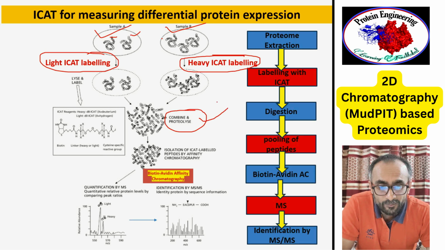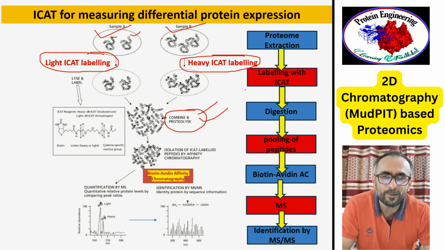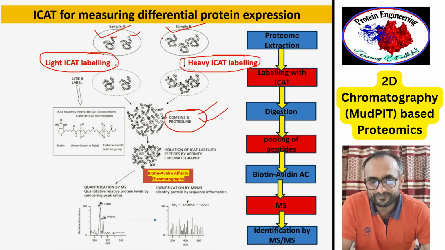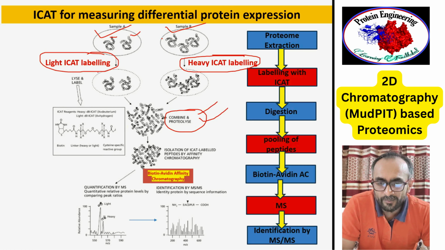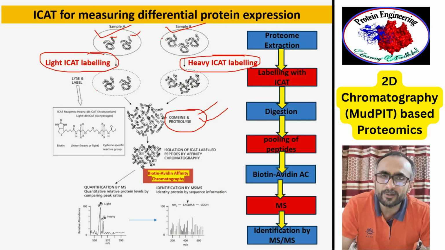When you treat with the protease, you will get a large number of peptides, and those peptides are all mixed together. For example, imagine you have a protein that contains a single cysteine. When you treat that with light or heavy ICAT reagent, only one peptide will be labeled after proteolysis. There will be many peptides from all the proteins which are not labeled.